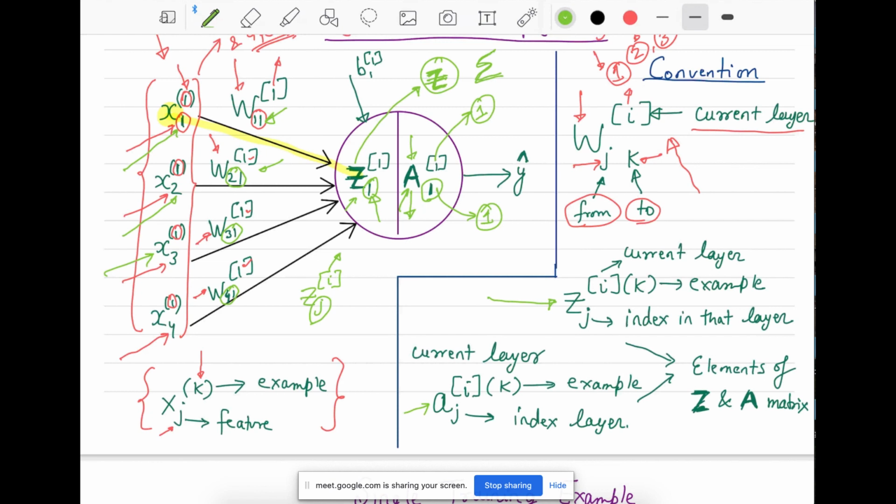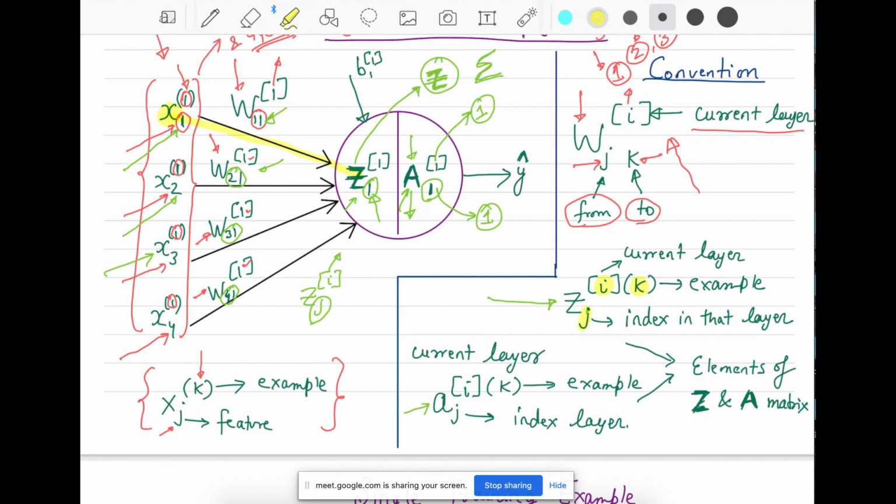Like the components of Z will have this indexing, where Z is basically the one which is here. J is the index to the node in the layer that we have already discussed. Since we are at the first node of the first layer, J will be 1 here, and then this is the layer we are dealing with, that is the current layer, and then in brackets we have K. This K is actually the example which you are currently using.